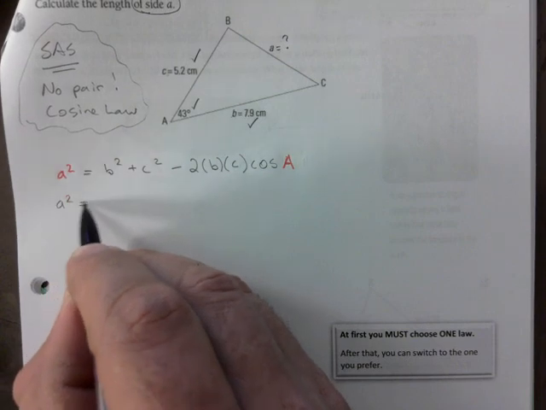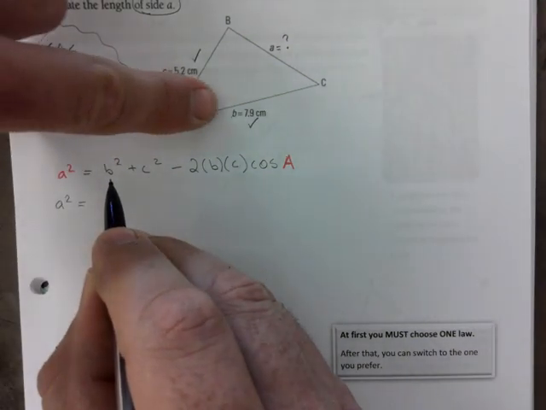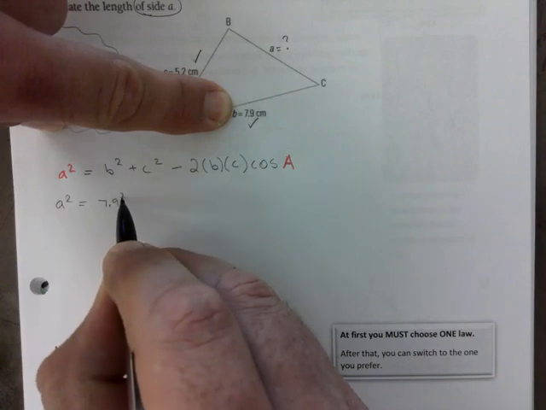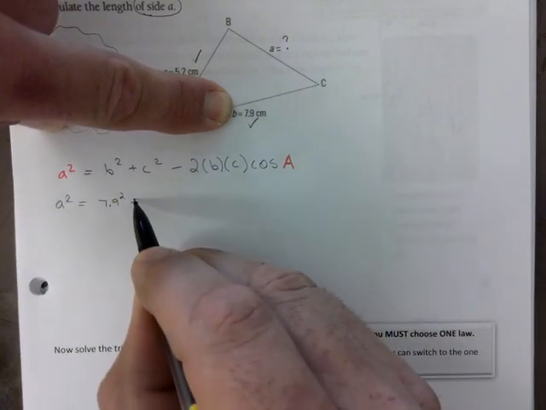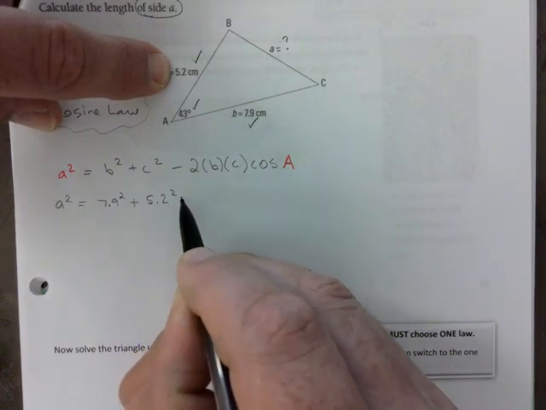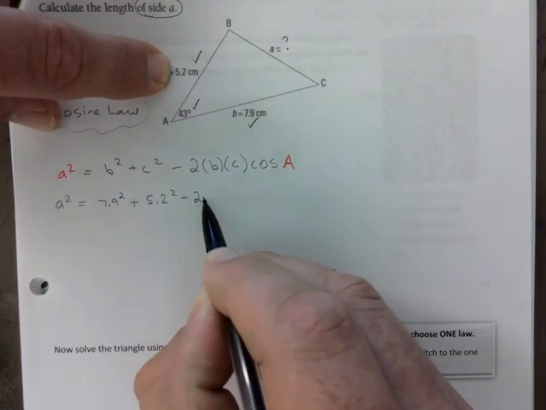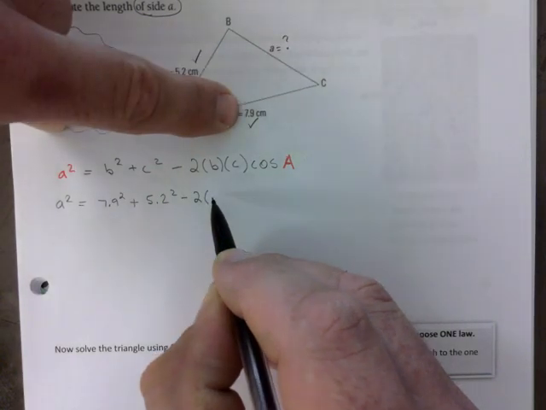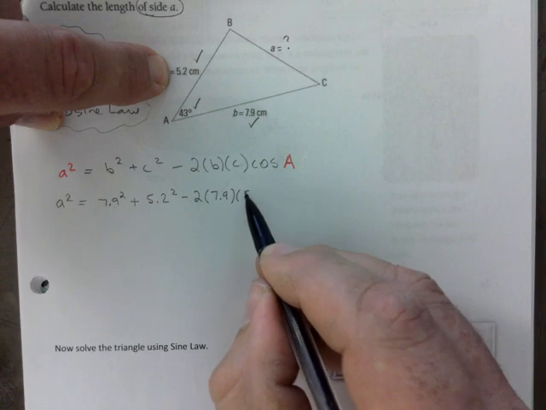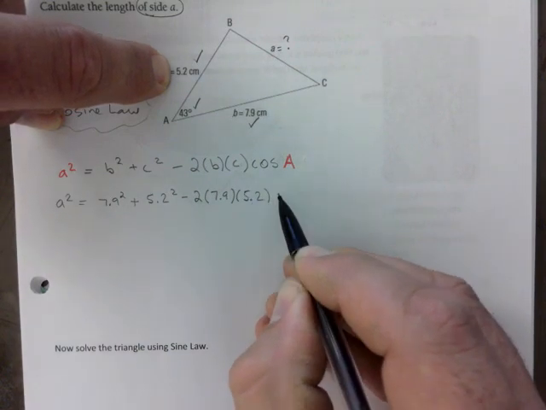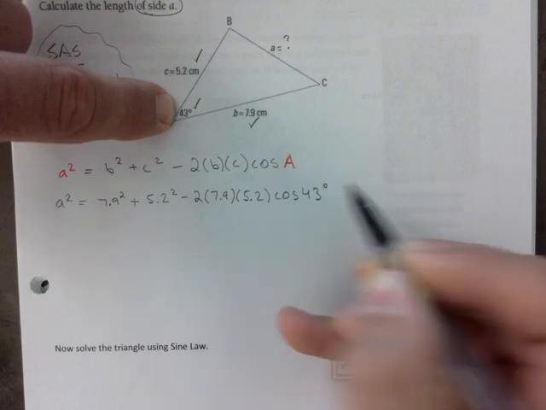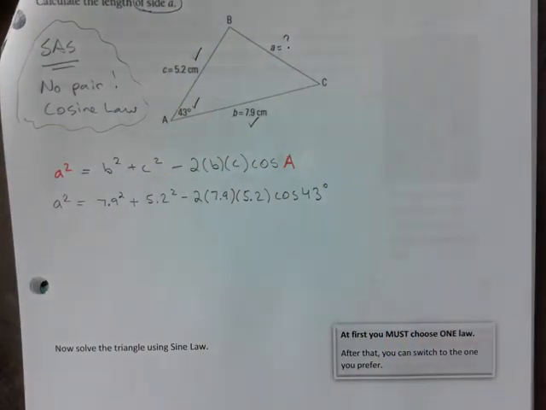So let's go ahead and do this. A squared is equal to B squared, so that's 7.9, with a little square on top, plus C squared, 5.2 squared, minus 2 times B times C times cosine of 43 degrees. There you have it, guys.